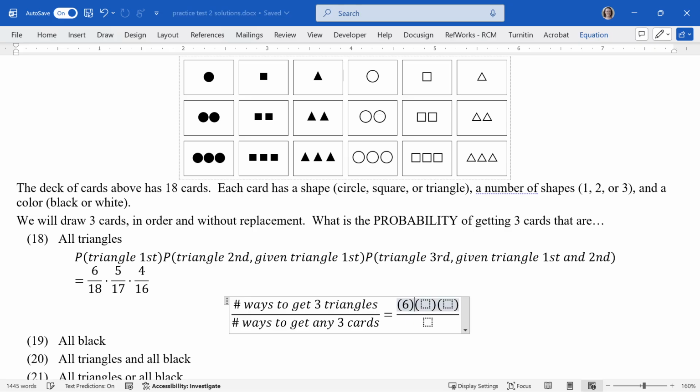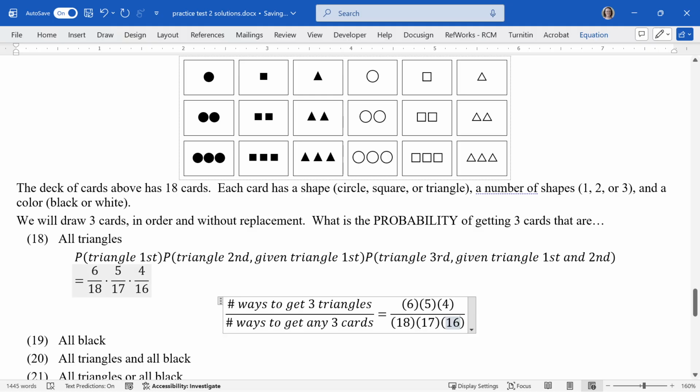Then after you take one, there'll be 5 triangles left, and then 4 triangles left. So you see here that you end up getting the same numbers, so it doesn't really matter which approach you take. On the bottom, the number of ways to get any 3 cards, there's 18, and then after you take one, there's 17, and then after that, there's 16. So you get the same number either way, it's just a different approach to it, and either way is fine.